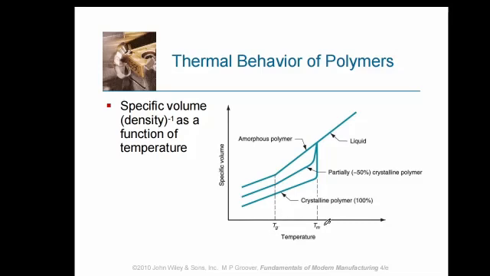As we increase the temperature, the volume starts to increase, but crystalline polymers always have a lower specific volume than other polymers. And as we increase temperature, for amorphous, the specific volume increases more, and they tend to become more liquid now. They melt or become liquid, usually viscous liquids, as you increase temperature.